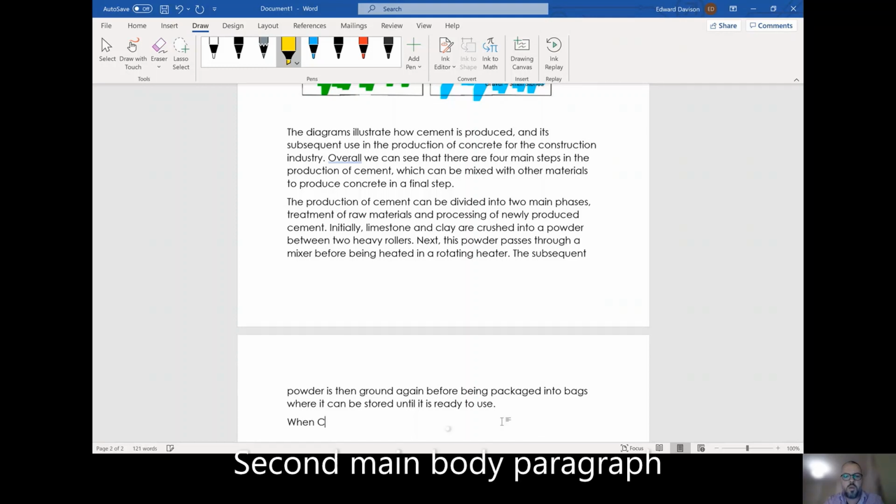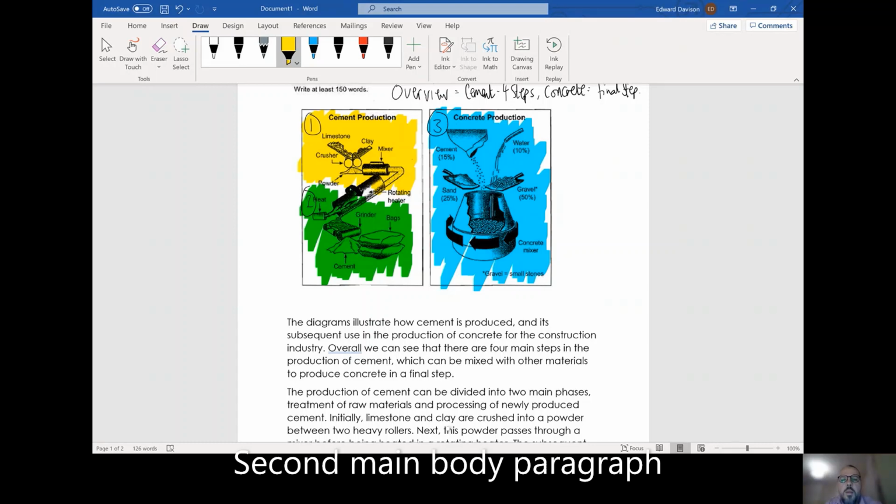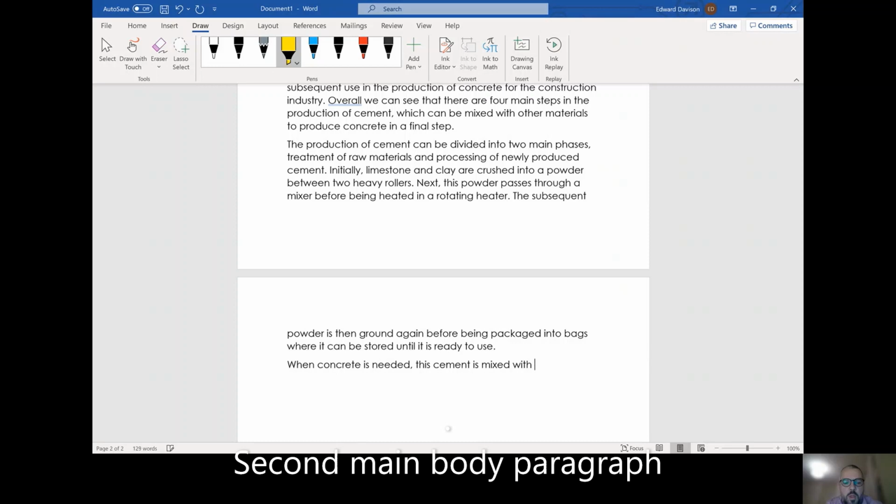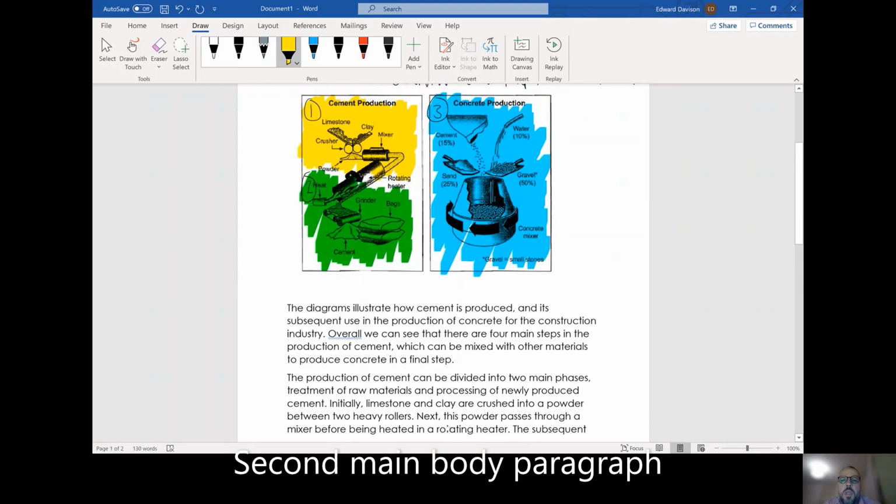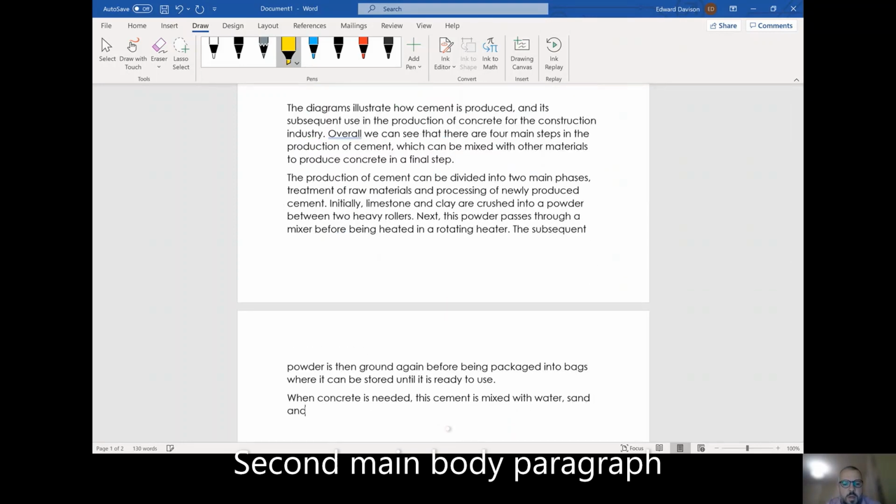When concrete is needed, this cement is mixed with water, sand and gravel, at a ratio of 15%, 10%, 25%, and 50%.